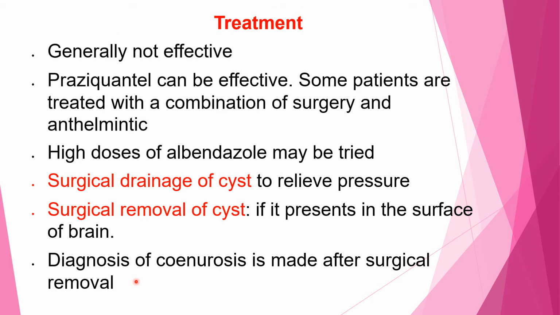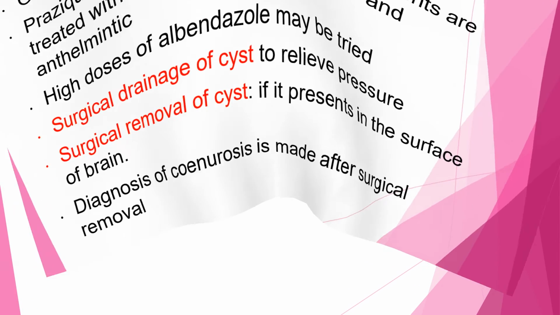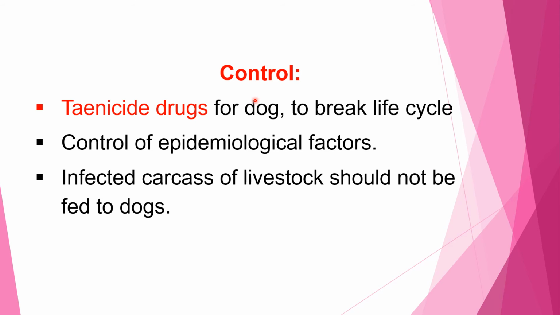Actually, the diagnosis of taeniasis, which parasite caused the disease, can be made after surgical removal of the cyst by identification of the scolex in the cyst. One can diagnose the species. Control is also a difficult task.